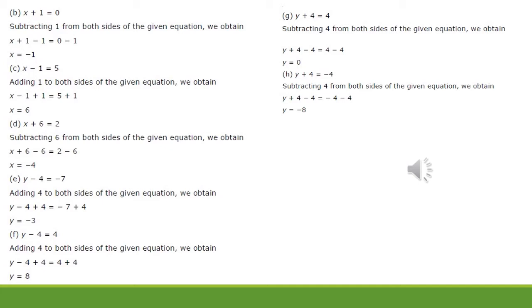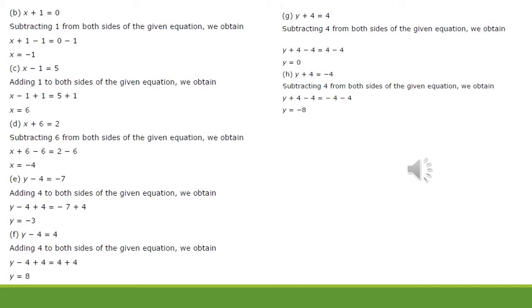Similarly, see x minus 1 is equal to 5. If we want to remove minus 1, we have to add plus 1 on both sides. So x minus 1 plus 1 will be equal to 5 plus 1, or x plus 0 is equal to 6, or x is equal to 6.